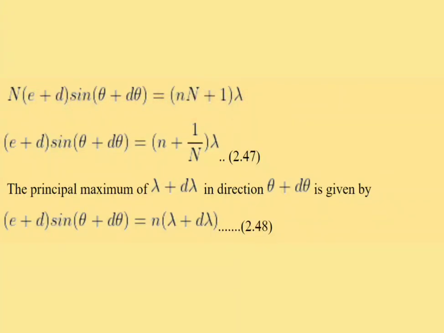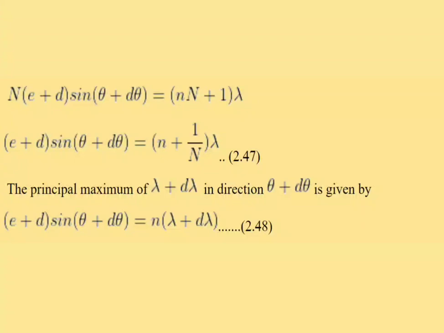This is the minimum equation at point P2 having wavelength lambda with an angle of diffraction theta plus d theta. Simply by cross multiplying by N, we get the equation e plus d sin of theta plus d theta equals N plus 1 by N times n lambda. Here N got cancelled.